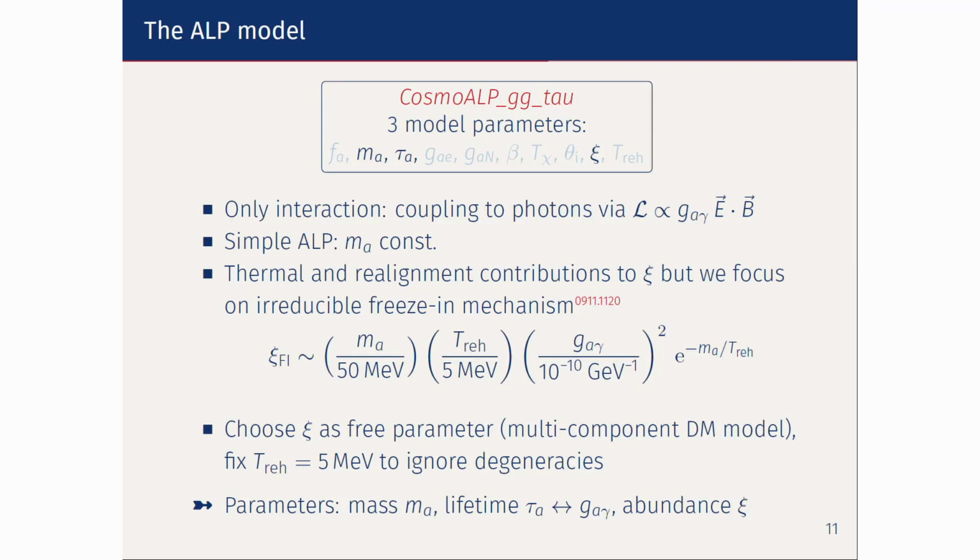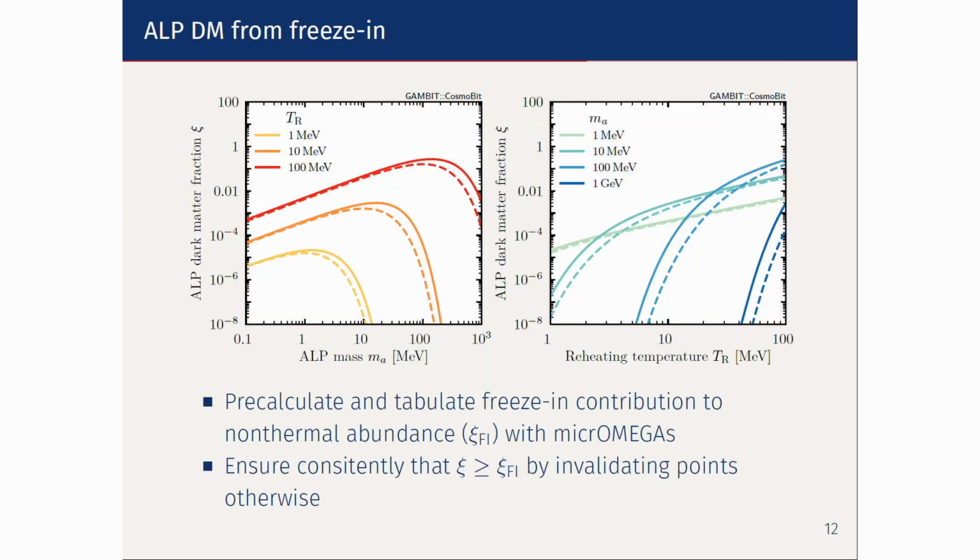In frequentist statistics, if you can avoid constraints, then by profiling over your results you will get there. This is the logic that allows you to simplify these models. So the final parameters that we look at are the ALP mass, the lifetime, which is basically interchangeable with the coupling, and the total non-thermal relic abundance in the absence of decays. But of course, we include decays in our estimate.